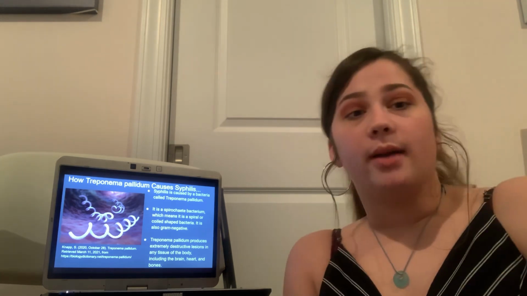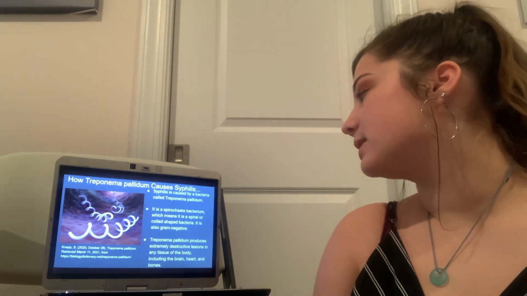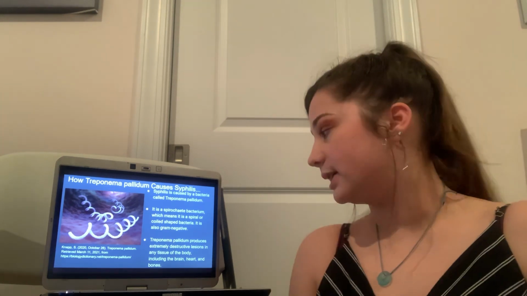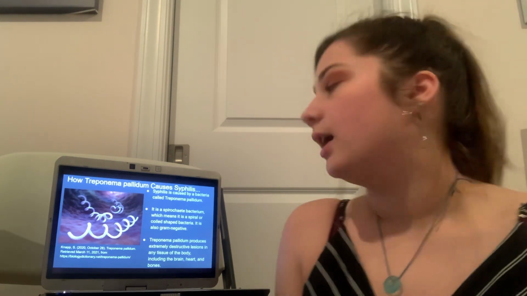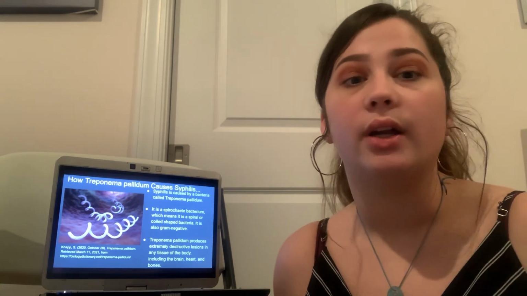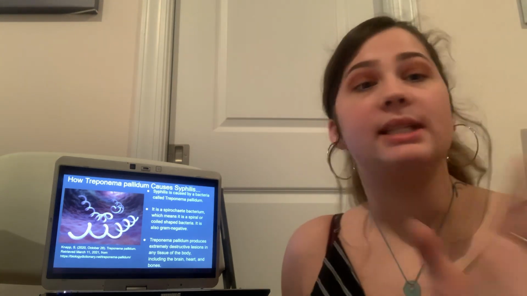It is also gram-negative. It can produce extremely destructive lesions on any tissue in the body, including the brain, skin, heart, internal organs, bones, anything of that.